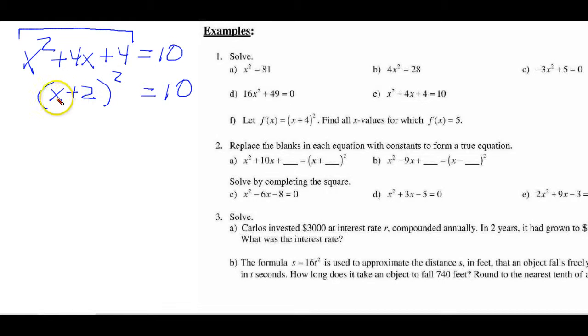So instead of just having a single term here, we have a binomial that's squared. But we can use that same principle that we used before. We can take the square root of that, and that just gives us the radicand.